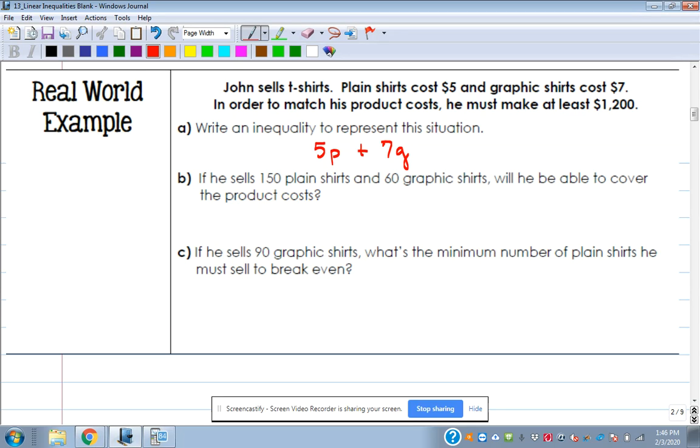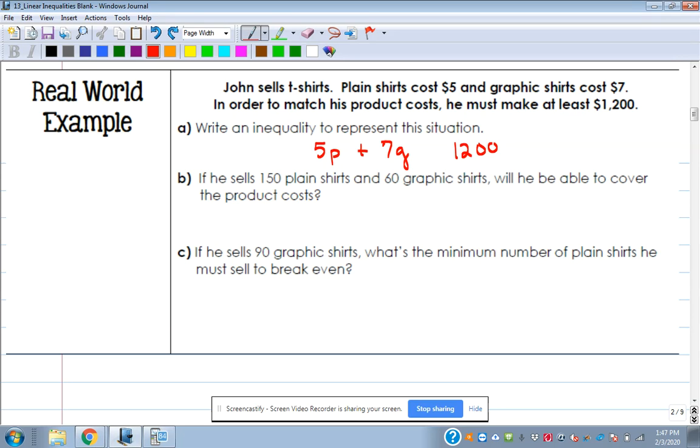The 5 is how much a plain shirt costs. 7 is how much a graphic shirt costs. Now, here's where we got to get the inequality. We know it's going to be 1,200 on the other side here. Well, not 12,000, but 1,200. So at least, what inequality symbol means at least?